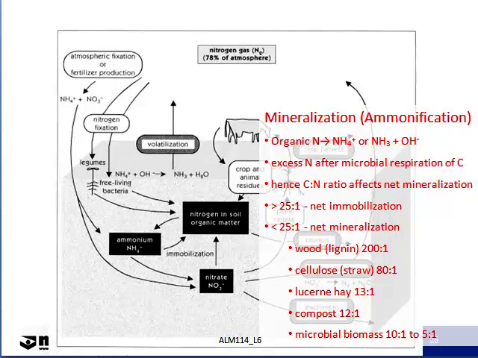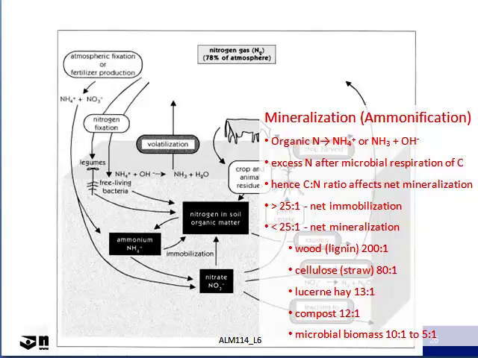Mineralization can occur in excess after microbial respiration of carbon. This is why the carbon to nitrogen ratio affects net mineralization. If the carbon to nitrogen ratio is 25:1, this results in net immobilization. If it's less than 25:1, this results in net mineralization.